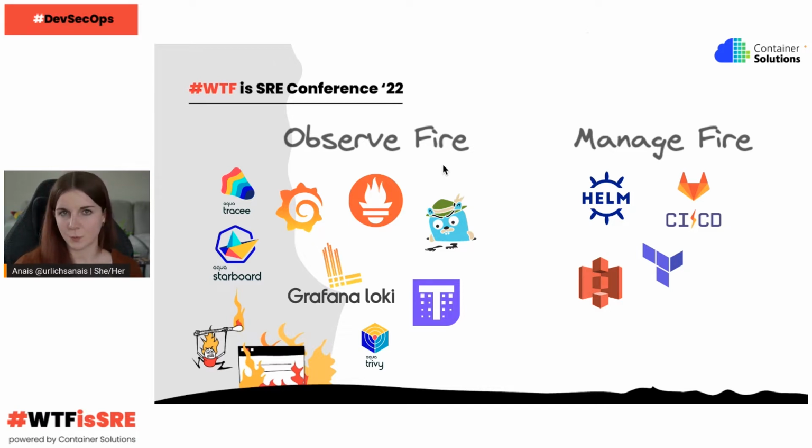Trivy is basically used for scanning any resources for vulnerabilities and misconfigurations. So you can check, for example, whether or not you're using the latest tag of your container image or a specific tag. Starboard is an operator. If you're familiar with the Kubernetes operator approach, it's basically an operator that lives inside of your Kubernetes cluster and automates processes within the cluster.